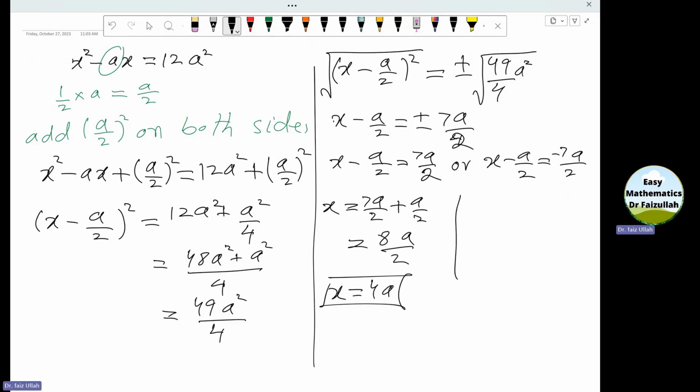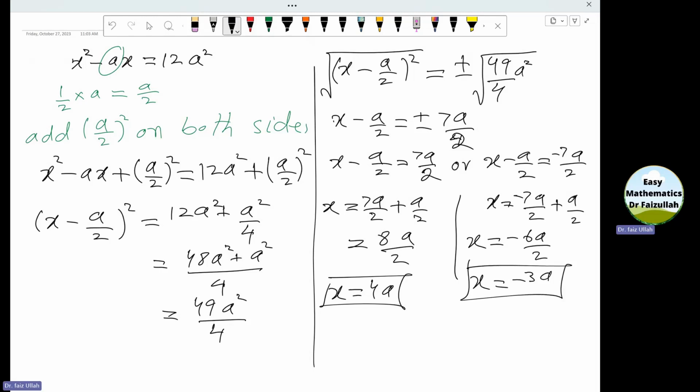So from this equation we have x is equal to minus 7a divided by 2 plus a divided by 2. If we simplify this, we have x is equal to minus 6a divided by 2. And from this we get x is equal to minus 3a. That is another solution. So the solution set is minus 3a comma 4a. That's all.